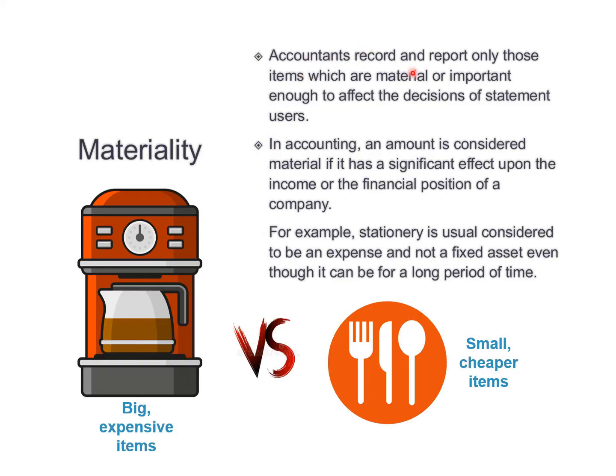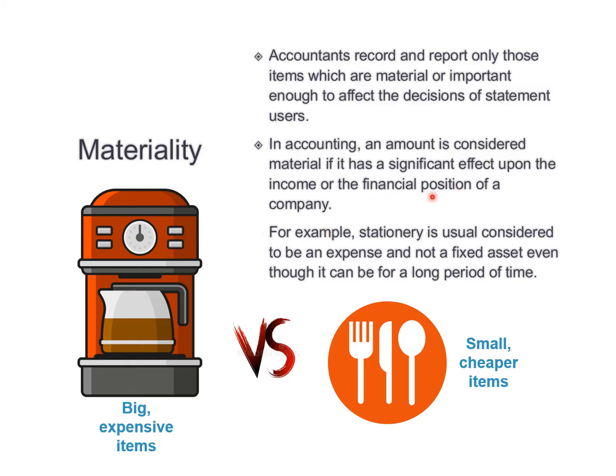Accountant akan record and report only those items which are material or important enough to affect decision of the statement users. Okay, kalau material, kita akan record dan report. In accounting, an amount is considered material kalau dia ada significant effect upon the income or the financial position of the company.